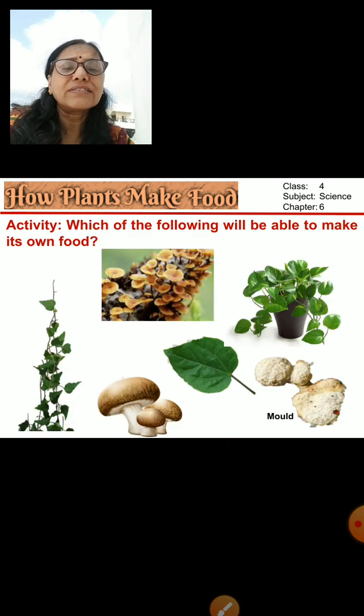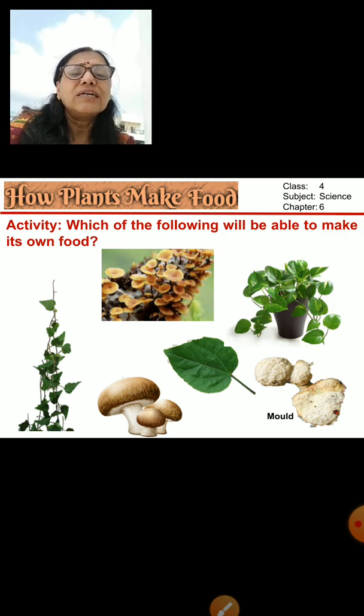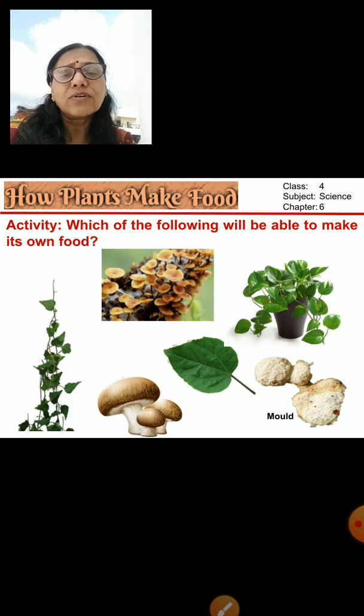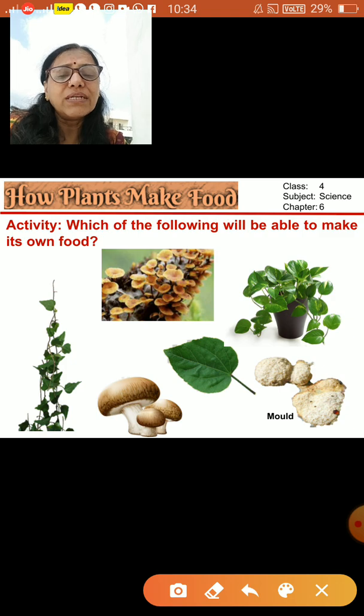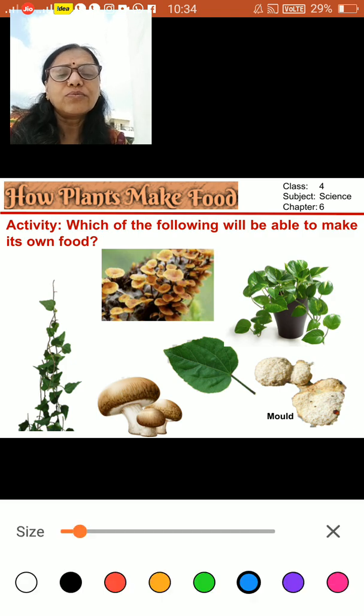Okay, now see here. Here one more activity is there, where you have to tell which of the following will be able to make its own food. As you know, the things which contain chlorophyll will be able to produce food.